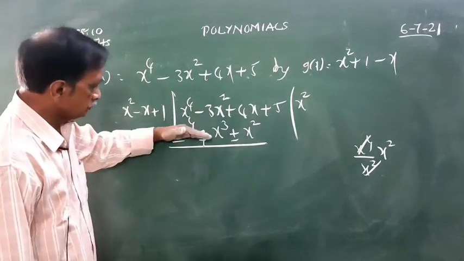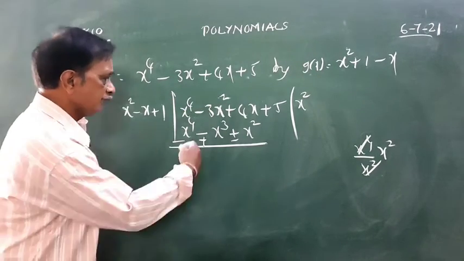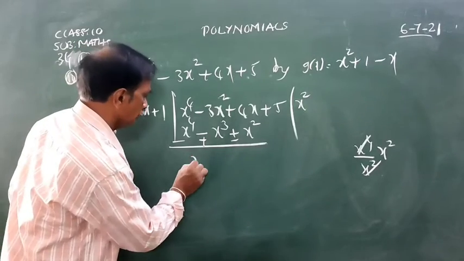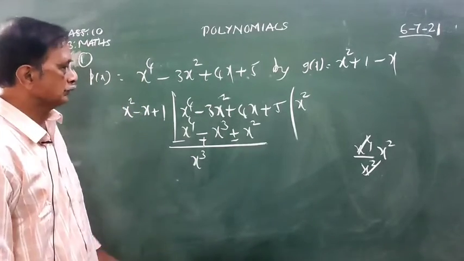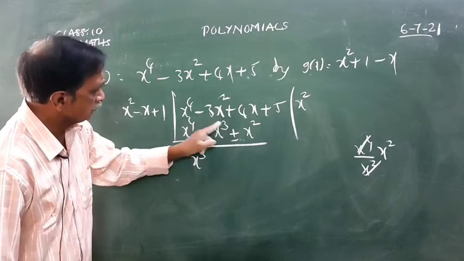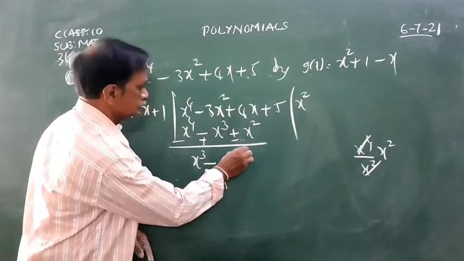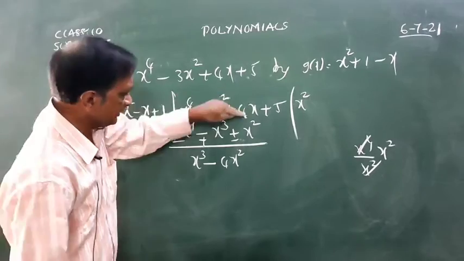So now, when you subtract the second polynomial from the first polynomial, what is the difference? Here plus x cube. Here minus 3x square minus x square. What is minus 3x square minus x square? Minus 4x square. And write plus 4x.